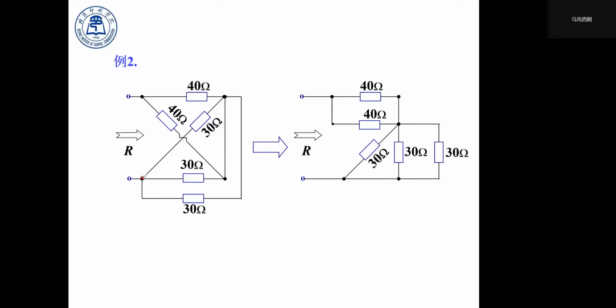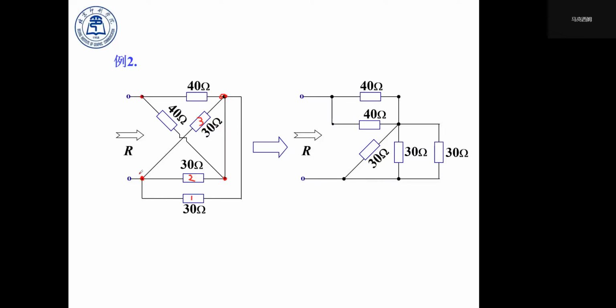You can see that we have this dot and this dot, and similarly we have 4 dots. The first 30 ohm resistor we call resistor 1, the second we call resistor 2, and the third 30 ohm resistor we call resistor 3.